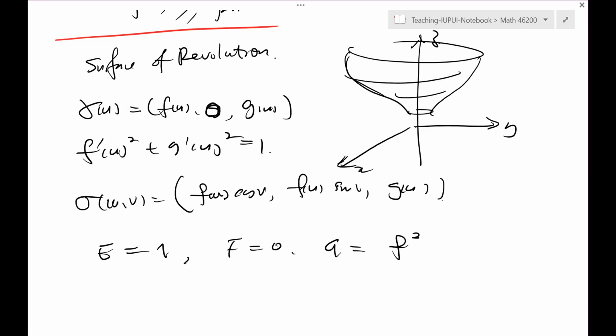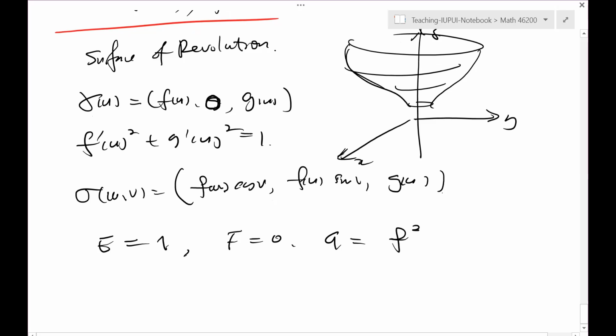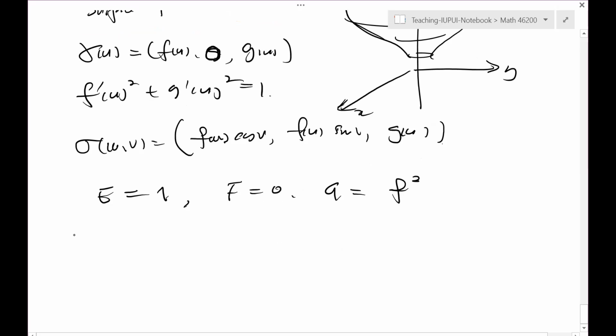Now, these equations are the geodesic equations. Let's take a look.